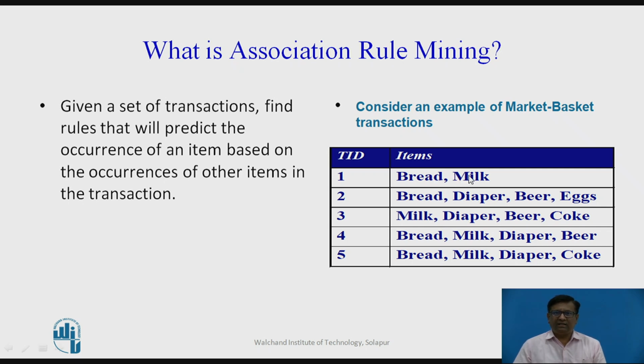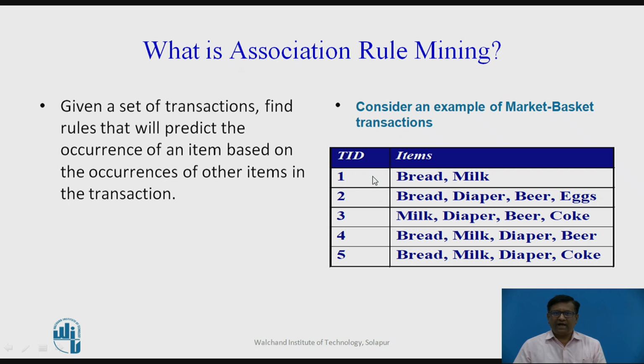Bread and milk are both in the first transaction, whereas in the second transaction only bread is there, not milk. Looking at transaction IDs 4 and 5, we see bread and milk appearing together.